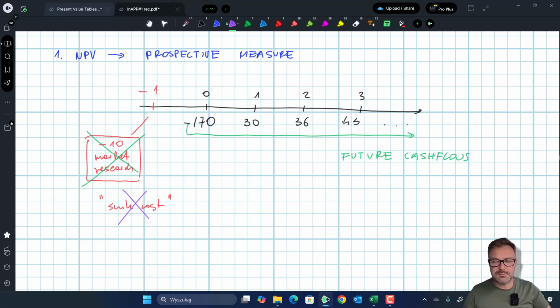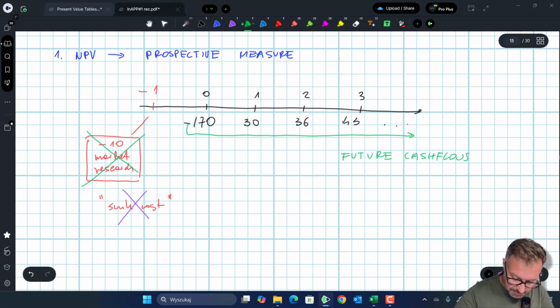However, in practice, sometimes it is difficult to figure out what is a sunk cost and what is not. Because in some cases, in this preparatory stage, just before committing to an investment project, a company or a different investor buys assets which are later used in the investment.